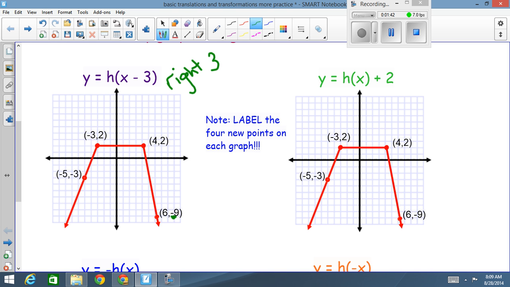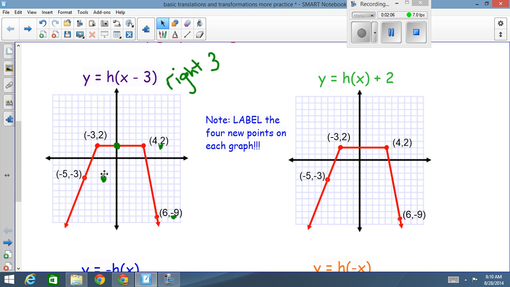Okay? I'm going to take the point 4, 2, move that to the right 3. 1, 2, 3. I'm going to do the same with the other 2 points. So now I have these points on the function that I can use as I draw my new figure.